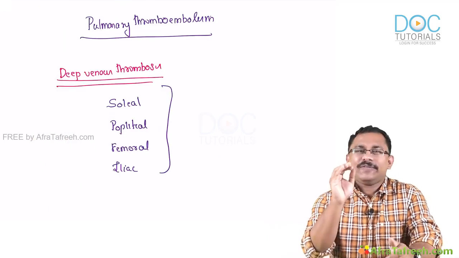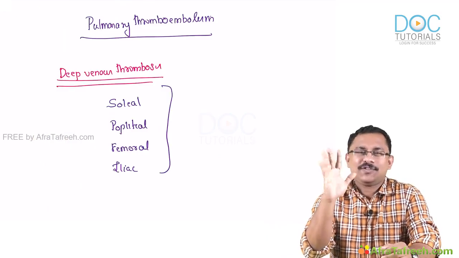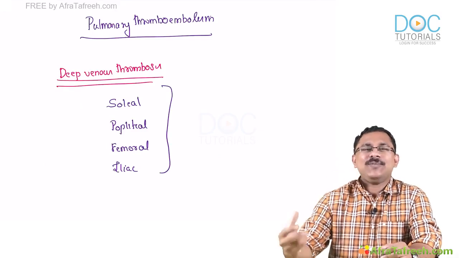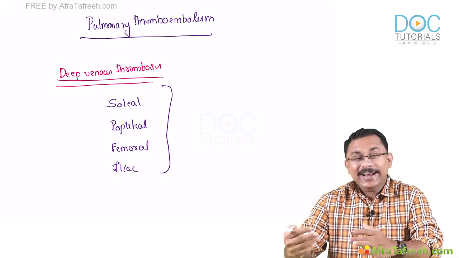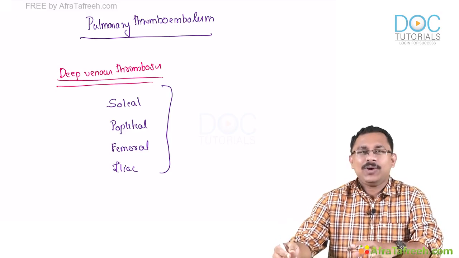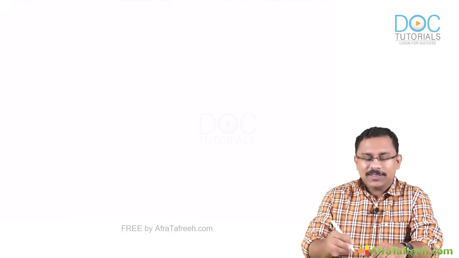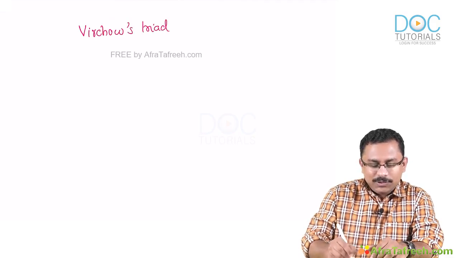Now I told you the first event has to be the formation of thrombus. So the question arises, how does thrombus formation happen? Why does the thrombus formation happen in the lower limb veins? For the thrombus formation to happen, you have learned in your pathology lessons the famous Virchow's triad.